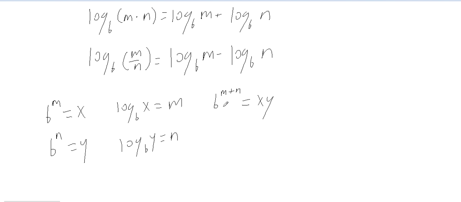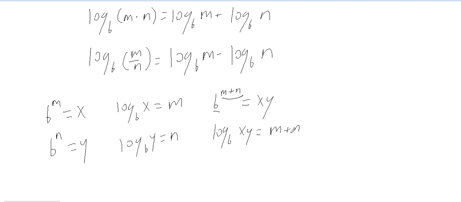Now, if we turn it into logarithmic form, this is our base. This is going to be what we're solving for, m plus n, so that goes on this side of the equation. And xy is what the log is acting on. So that becomes log base b of xy equals m plus n.